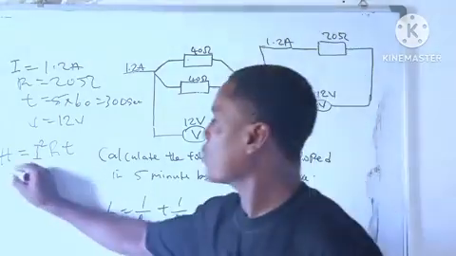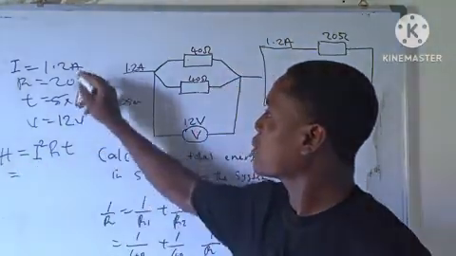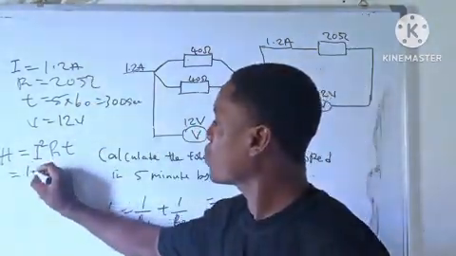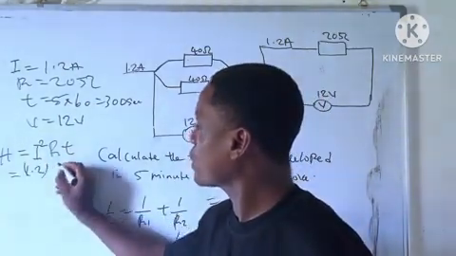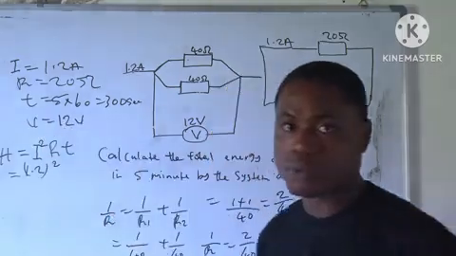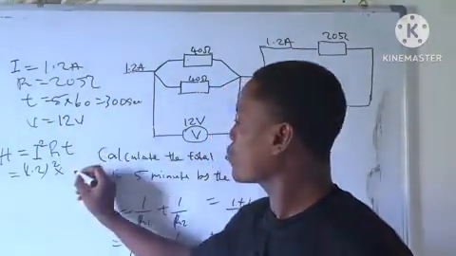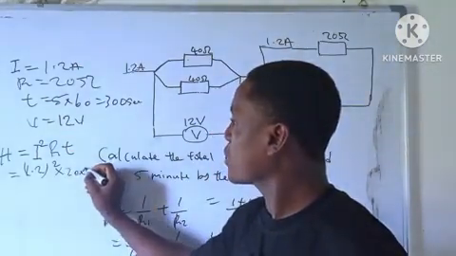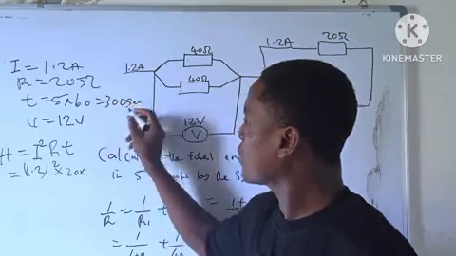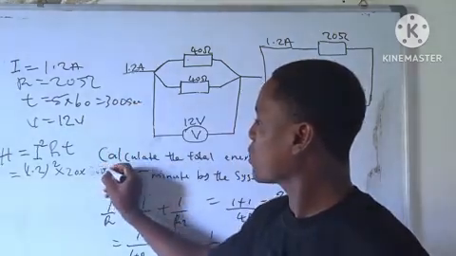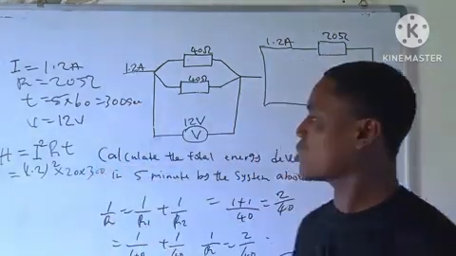Are you getting it? So equal to, what is the value of I here? It is 1.2. So you will square it, since we have the square on top. Then you multiply times the value of R, resistance, which is 20, times time, which is 300.